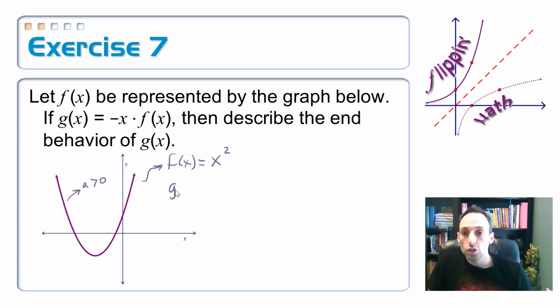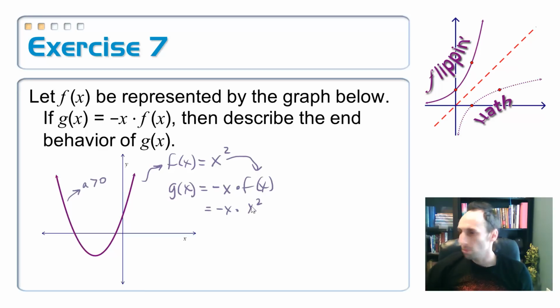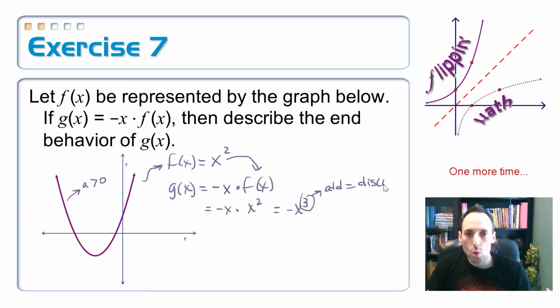So we'll just say that it's some form of f of x. Now, g of x is negative x times f of x. So let me just stick that right in there. That's negative x times x squared, and then that's negative x cubed. All right, so it's odd, which is a disco dancer, and it's negative.